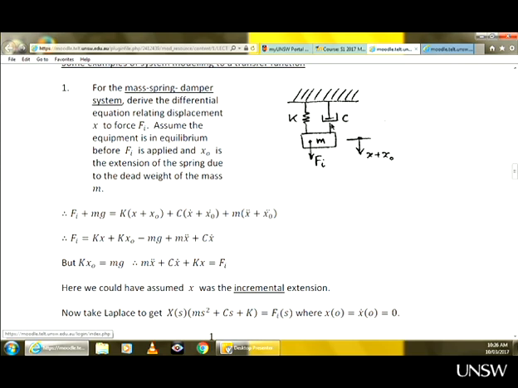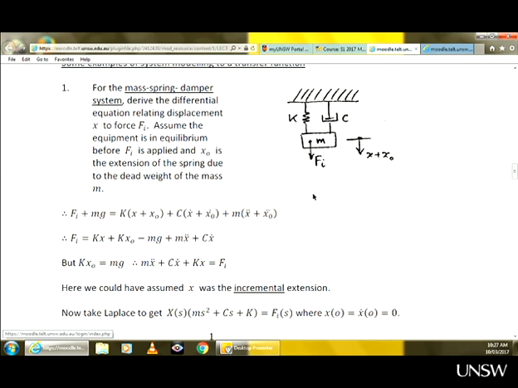You attach the mass, and the spring will expand because of the weight of this mass. How much will it expand? By x naught. So this length x naught is the initial expansion of the spring due to the weight of the mass.